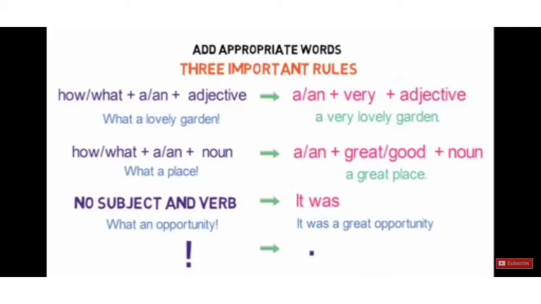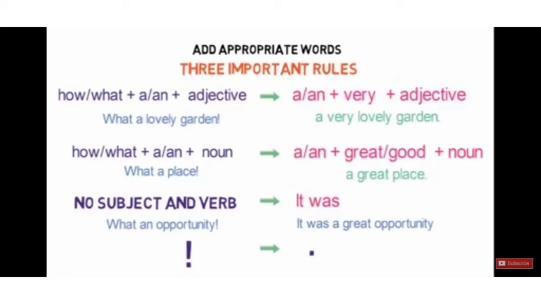Number 3, in case the subject or verb is not provided here, we use the words like it was. Example, what an opportunity, it will be converted into it was a great opportunity. Apart from these, we remove the exclamatory mark and put the full stop at the end of the sentence.